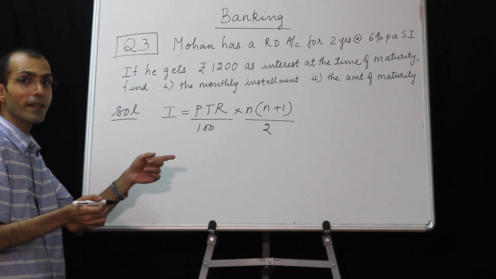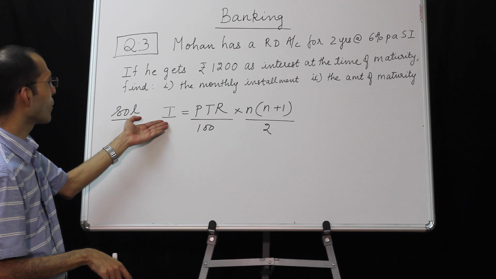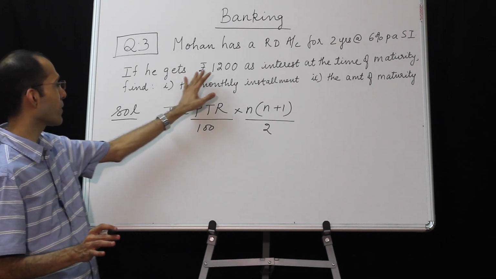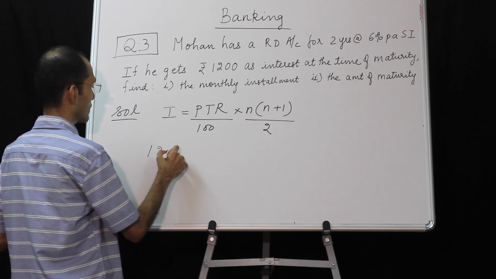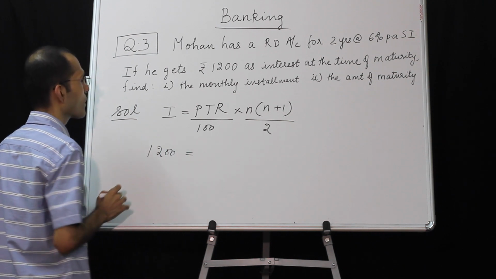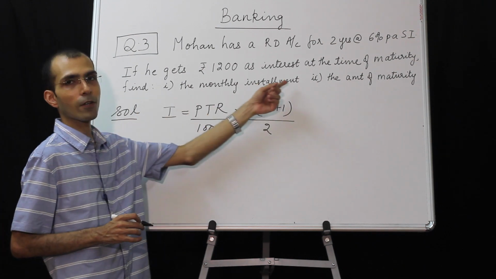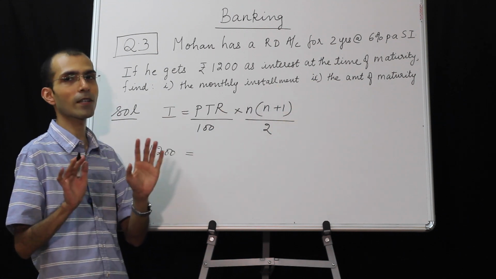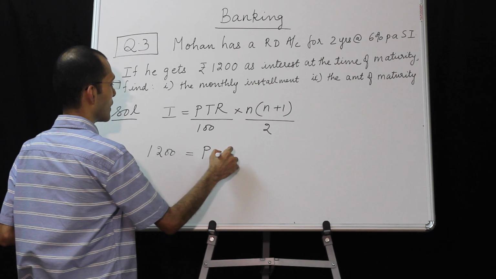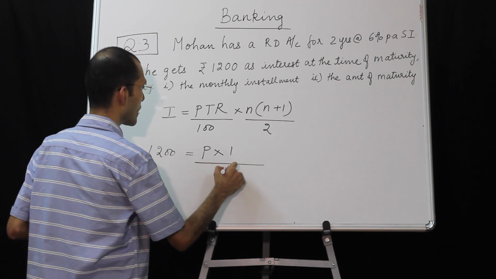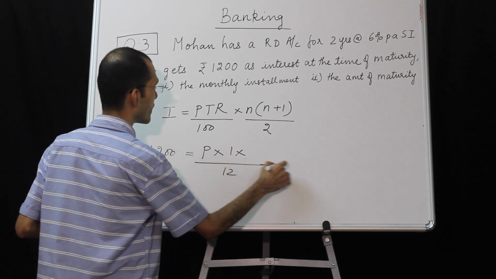Now here interest is given. So below I we can safely put 1,200. Find the monthly installment. So here P is not given. So P will remain as it is. Capital T is 1 upon 12 always.